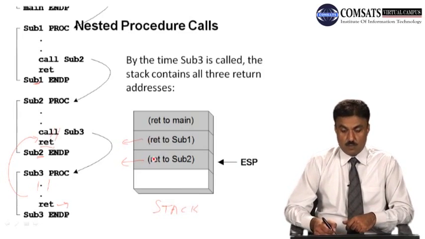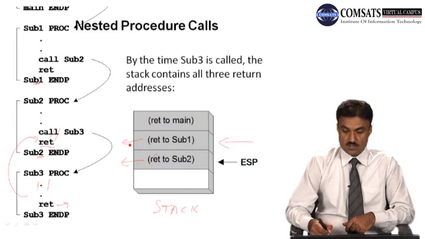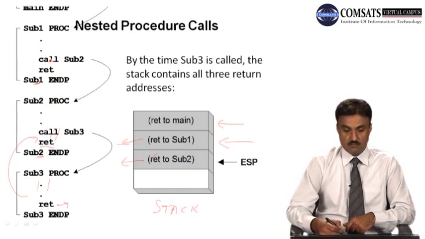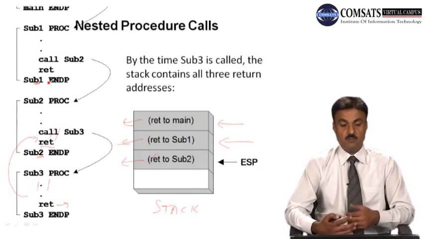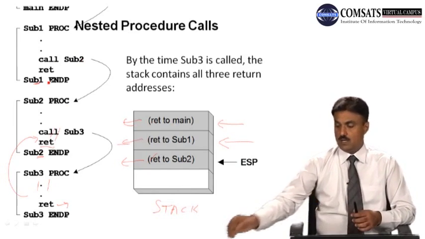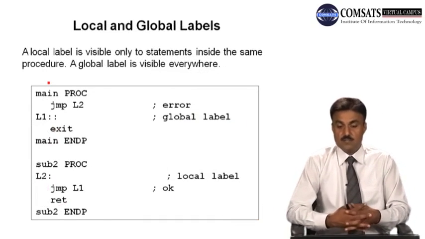When we pop, the stack pointer ESP moves, and the instruction pointer comes here. When sub2 finishes, we return to the main program. So this is the way we use nested procedures in assembly language.